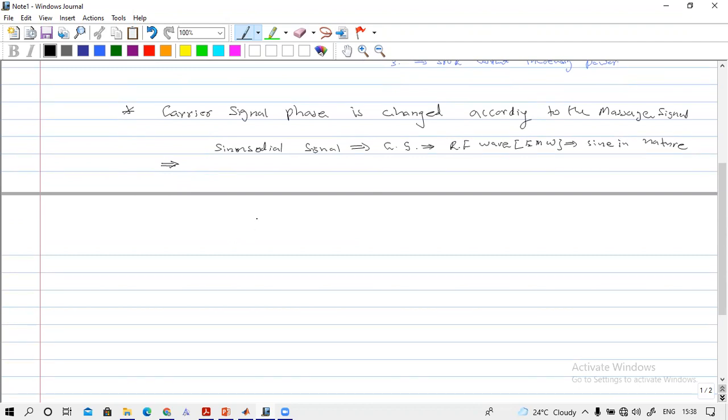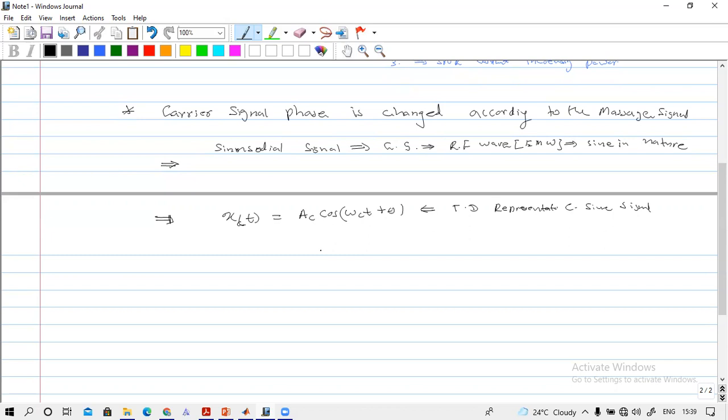If we consider the sinusoidal signal, it will look like this. This is the common time domain representation of a sinusoidal signal.